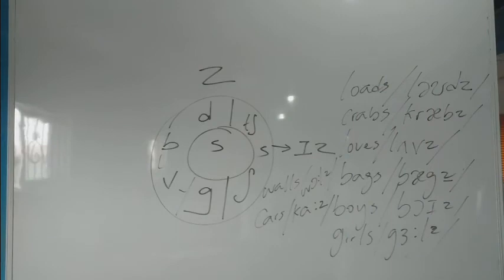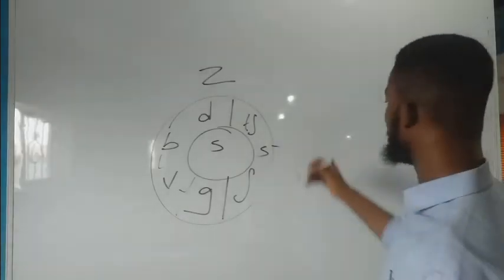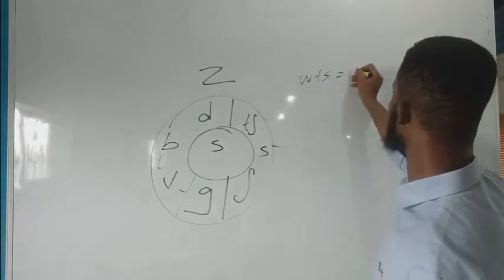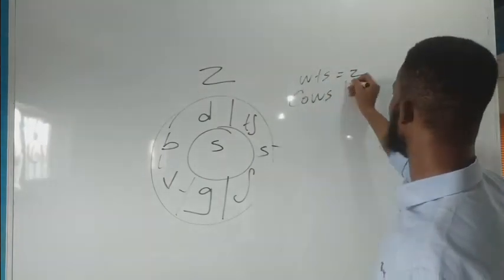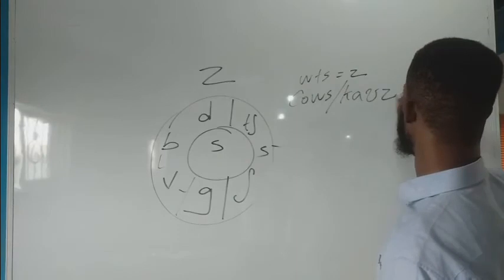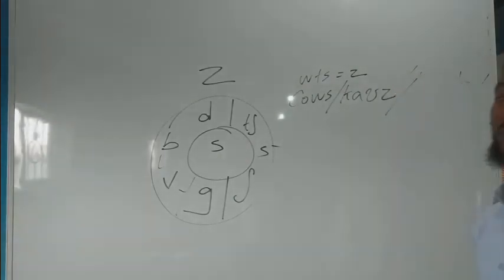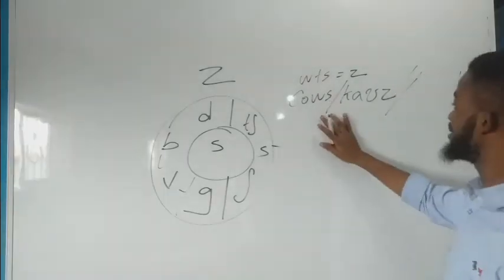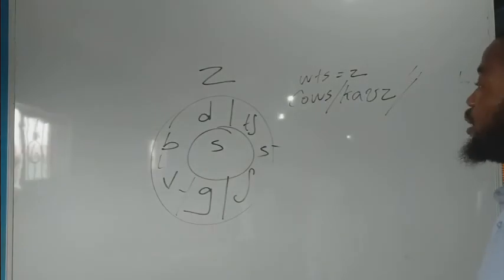Let me wipe the board to have more space to give more examples. W does that too. W plus S is going to give us Z. C-O-W-S is pronounced as cows. So you see, S turns to Z in varieties of ways.